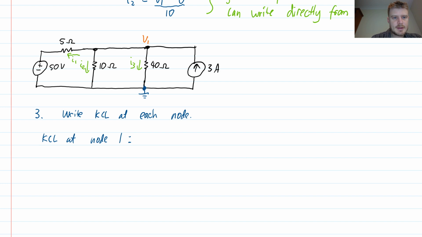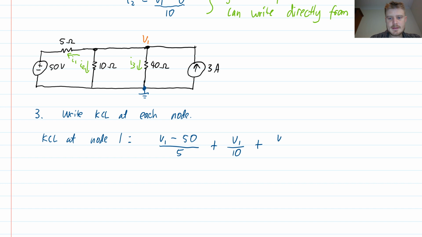Looking at the first branch over here, I have V1 minus 50 divided by 5. Looking at the second branch, I have V1 divided by 10, because I see the other end of that 10 ohm resistor is my reference, which is 0 volts in this system that I'm using.